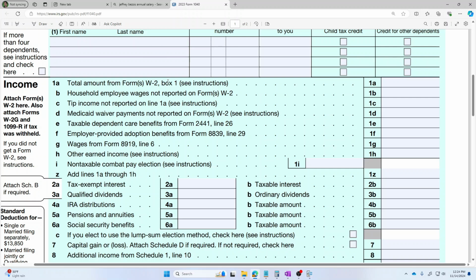But however much you got from all these income sources, what I want you to do after you fill in the blanks of those is I want you to add together all of the numbers that you will put in these boxes. So I think that this would be sort of a real life example of a mathematical expression.